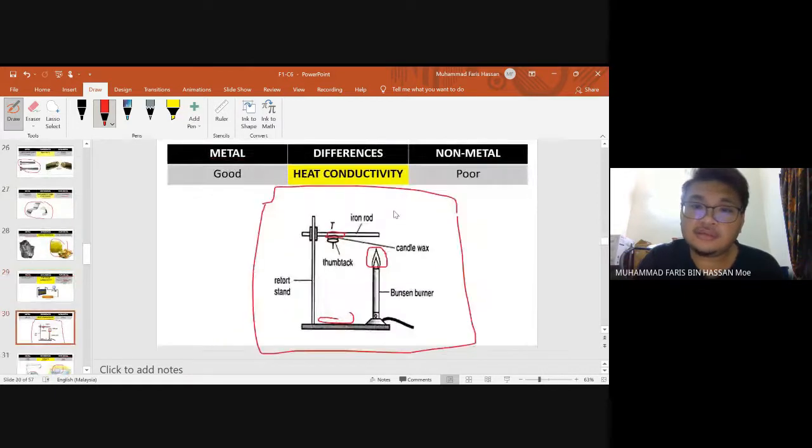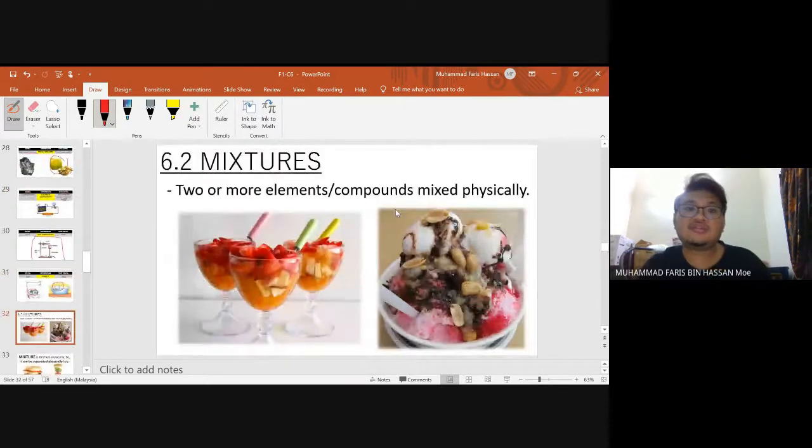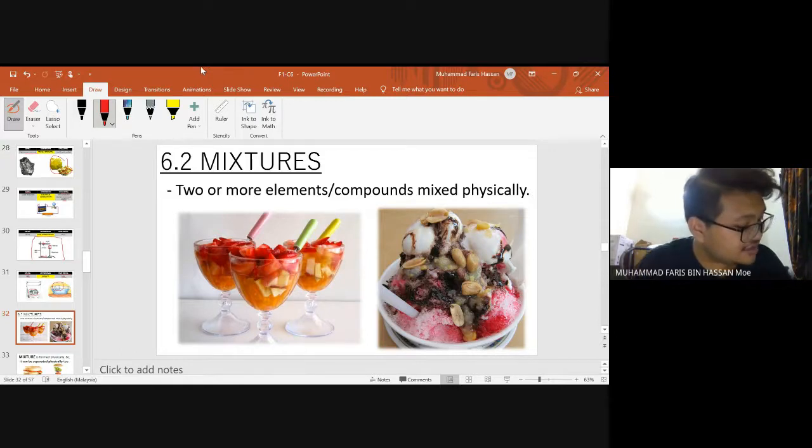So now we continue to the next subtopic, which is subtopic 6.2, the mixtures. So what is mixtures? You can refer to your textbook, page 176.